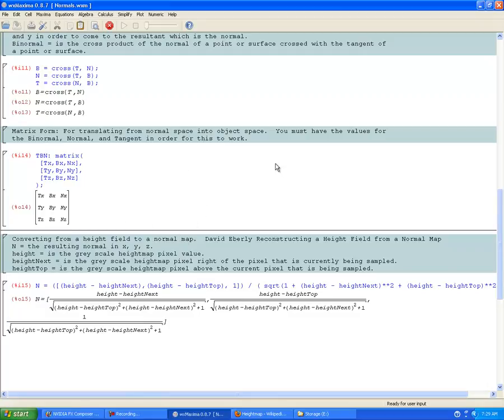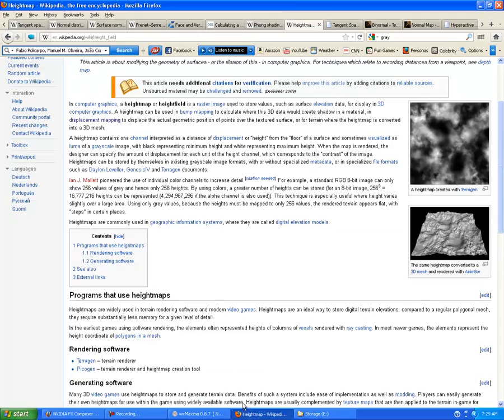So 0, 0 is down here, and 1, 1 would be this corner up here. That's how you access the textures for UVs.